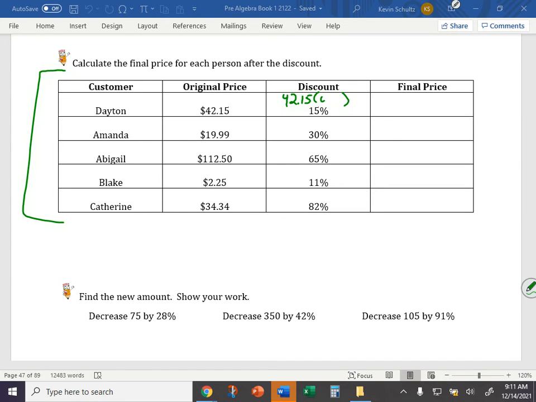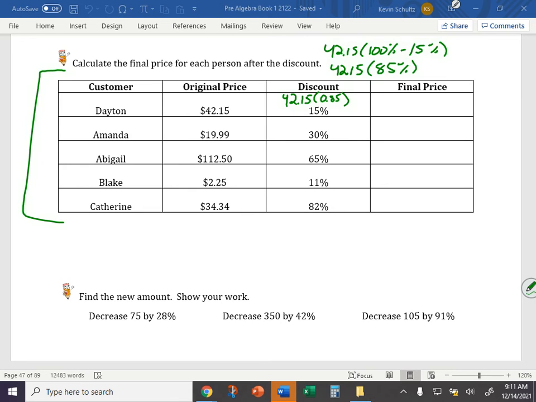0.85. Where that came from, kind of the bigger formula here, right? 100% minus 15%. Start with 100%, subtract the discount, subtract the decrease, which gives us 42.15 times 85%.